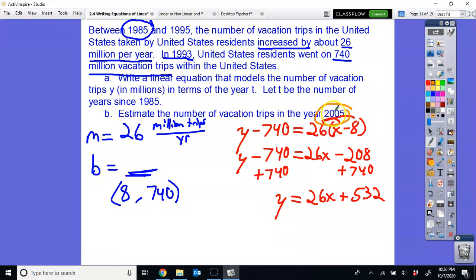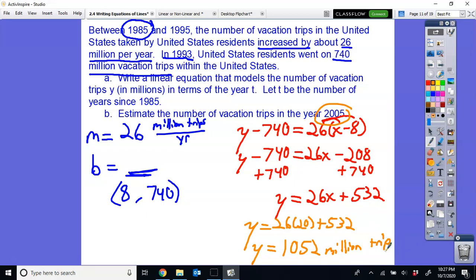So if I plug in 20 and do 26 times 20 years plus the 532, to save a little bit of time, I'm going to go ahead and show you what that is. That's 1,052 million trips.